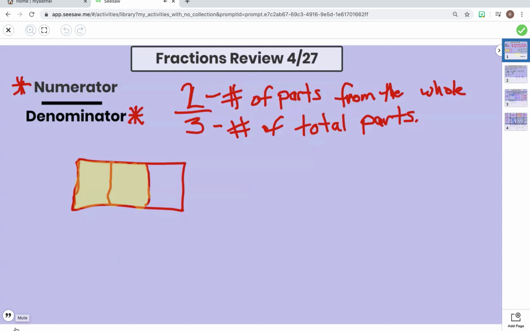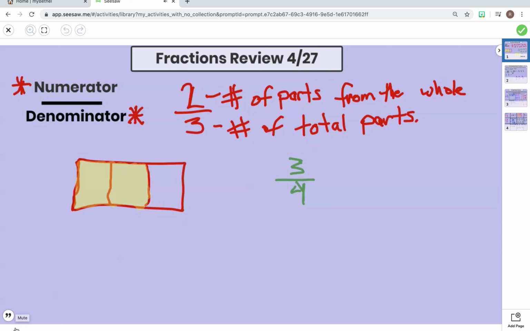I'm going to do one more example. All right, let's say the fraction I want to represent is 3/4. I want you to do this with me. So grab a piece of paper or a pencil, try it out yourself. We're going to show 3/4.